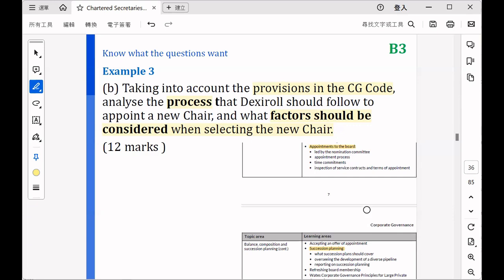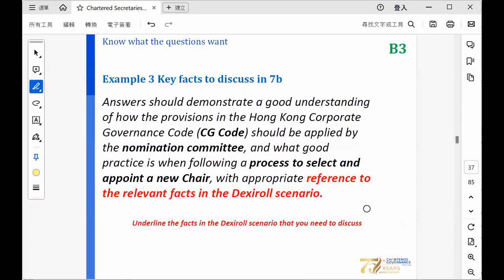So let's take a look at some of the important points that you should discuss. Now, in the facts and the questions, again, this is about the nomination committee, so it's quite similar to the one we've seen before.